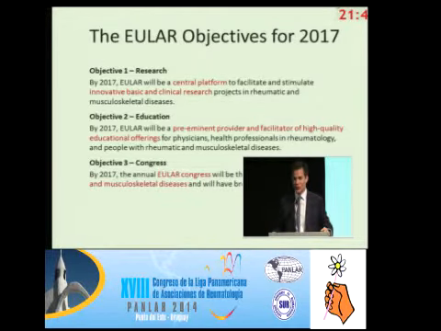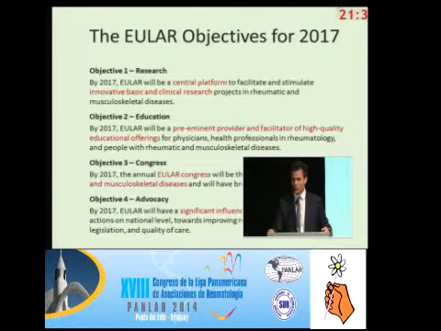The Eular Congress, you've seen the data on the Eular Congress and how it developed over the last years. Obviously, that's also an ambitious goal to keep it going and keep it where it is.